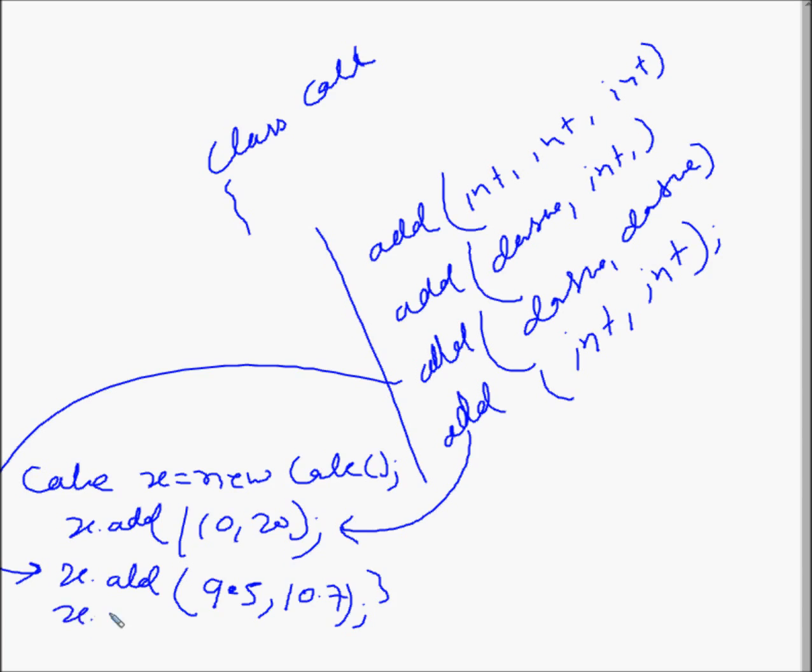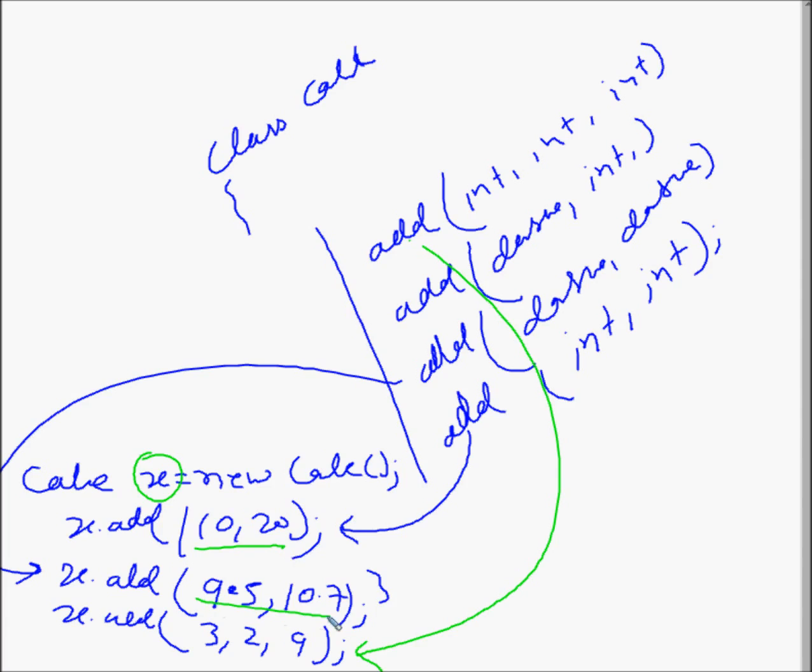And now again if I say x dot add and pass 3, 2, 9, just three values, in that case the three-argument method will be invoked, right? Look at here, this is the one object I have, x, but sometimes it is adding two integers, sometimes two decimal numbers, sometimes three numbers. What is this? It is polymorphism, right?